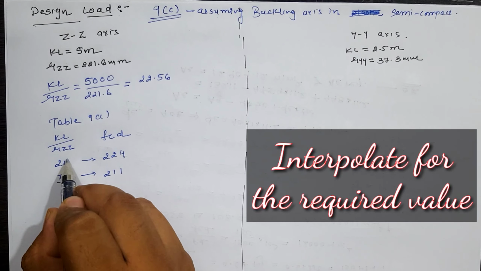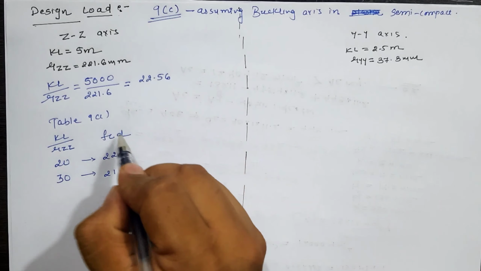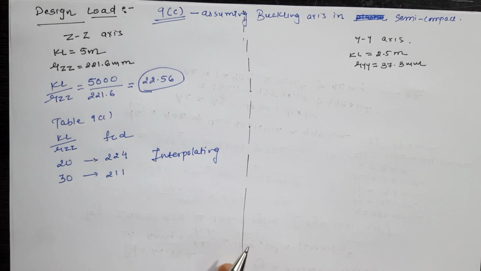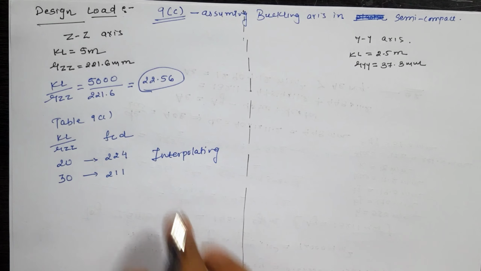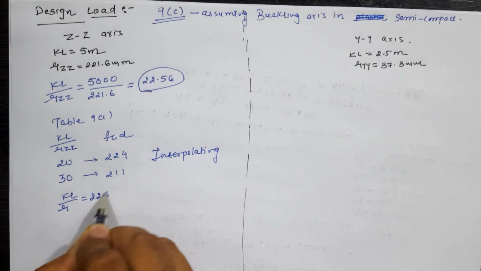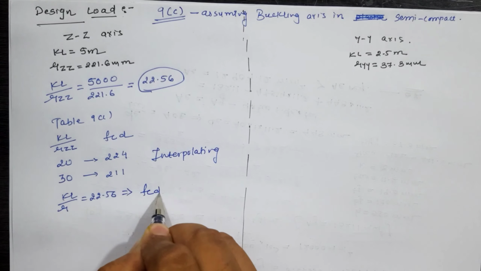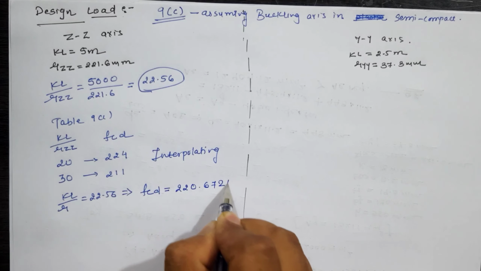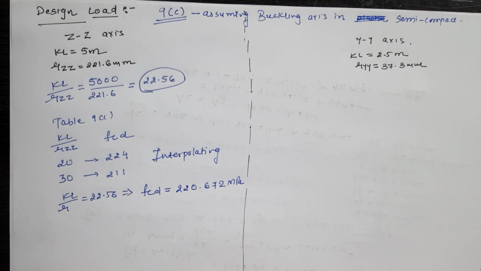Now interpolating between 20 and 30 in terms of fcd as 224 to 211 for the value of 22.56, by interpolating via calculator. The link for the interpolation steps is given in the description, so you can calculate the interpolation directly from the calculator. And by interpolating for KL by r as 22.56, we will have fcd equal to 220.62 Newton per mm square or megapascal.